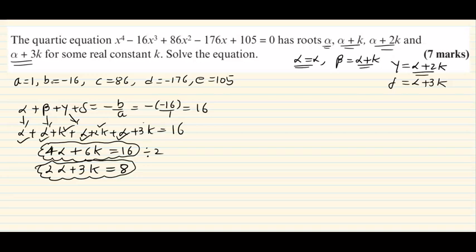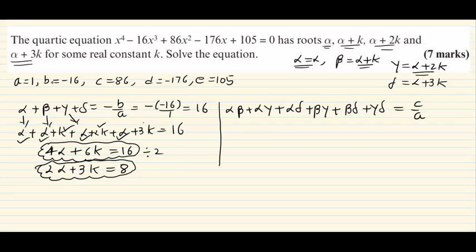Is that okay? Now next one is, we are using this rule: alpha beta plus alpha gamma plus alpha delta plus beta gamma, beta delta and gamma delta. And what should it be equal to? c over a, right?